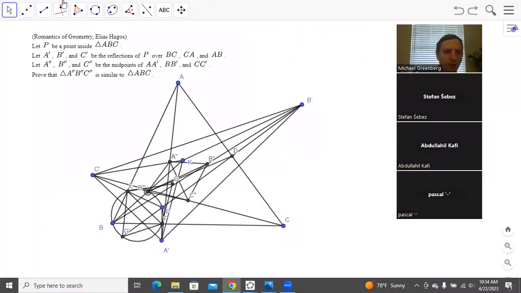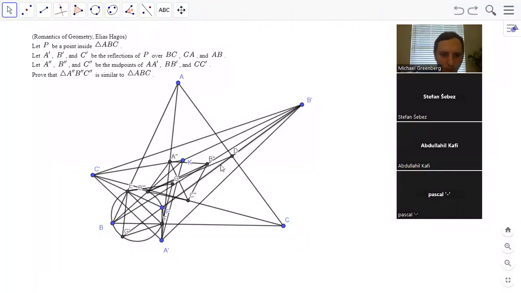I like that I found this collinearity, but yeah, I'm actually not sure how useful it is. It's kind of interesting.